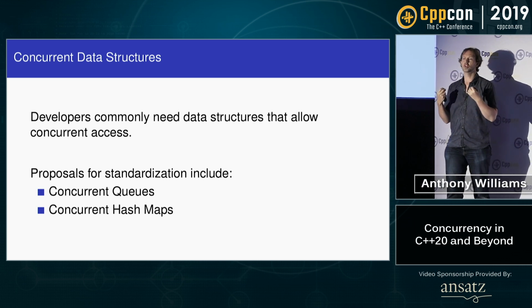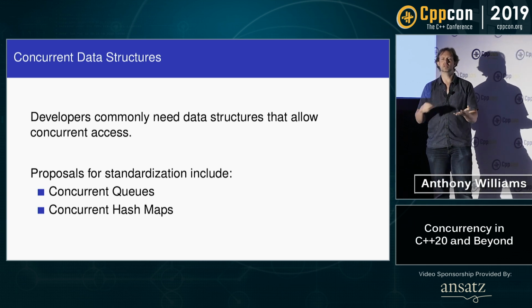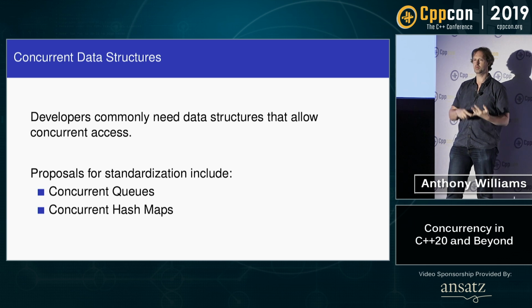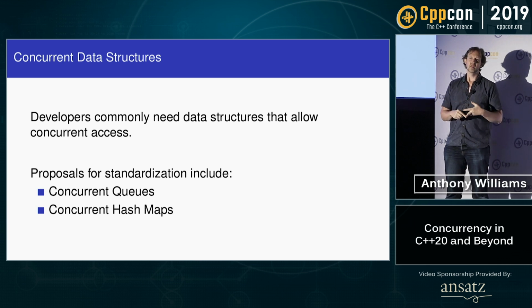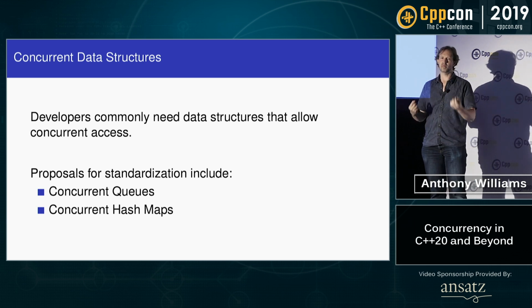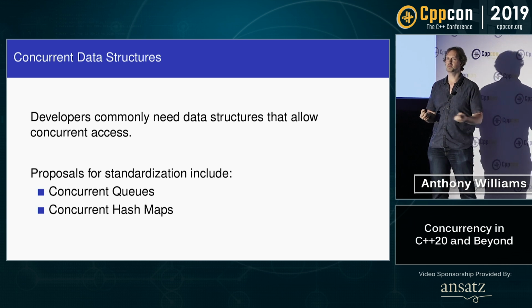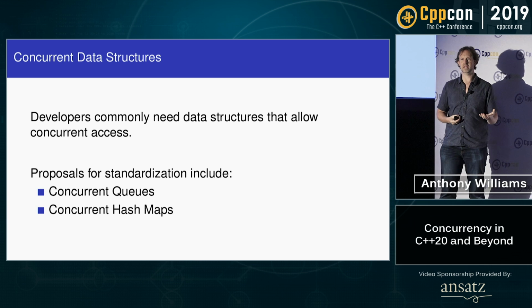Queues are an essential building block for lots of multi-threaded scenarios. If you're doing actors, you need a queue. If you've got thread pools, you need queues. If you've got pipelines, you need queues, all these things. Queues are a common building block, so it's great that we have proposals, but again, there's currently only proposals. They've been through SD1 a couple of times, but we haven't got them even in a TS yet.